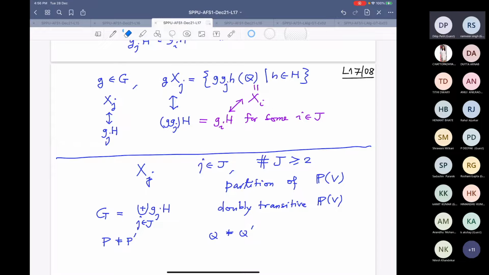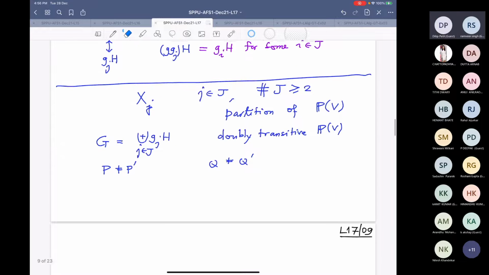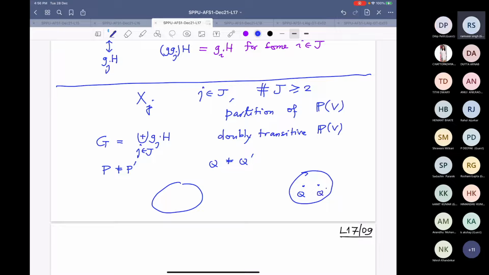Do you understand? See, suppose I choose like this. The partition has two sets, let us say, like this, and this is another one. Now I choose both of them here, Q and Q prime. Here I choose only one P, and here I choose P prime. Suppose I do that.